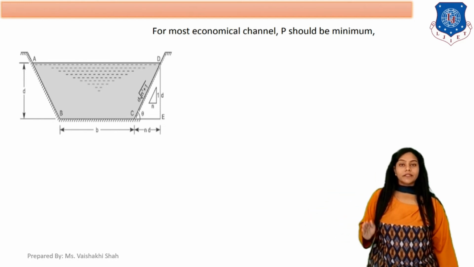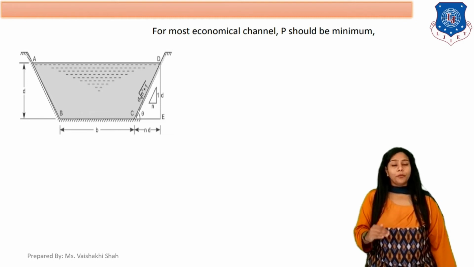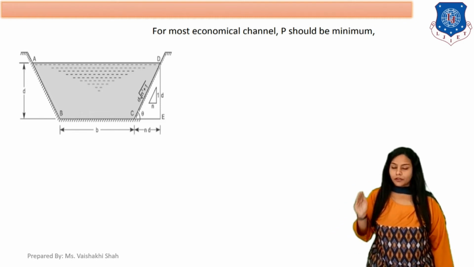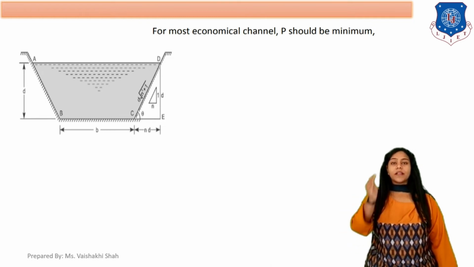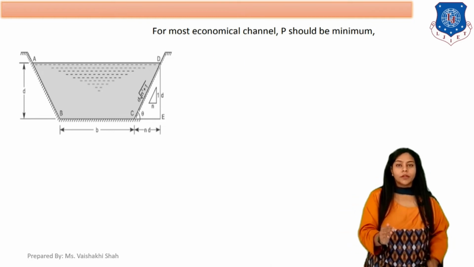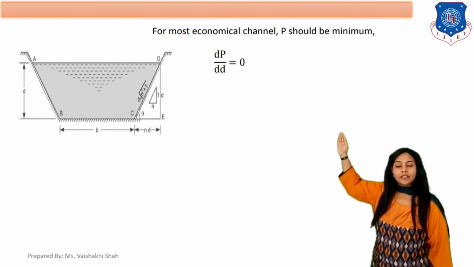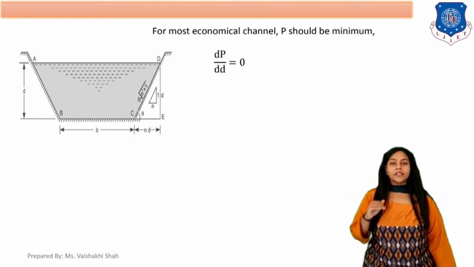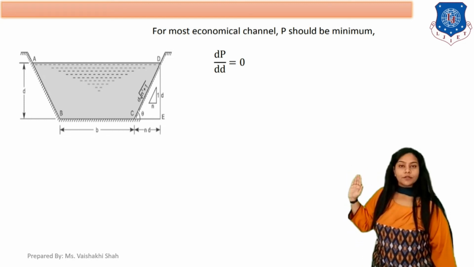Here we are finding out conditions for most economical trapezoidal section. So applying that condition, dP by dD equals to 0, differentiation of perimeter with respect to depth.